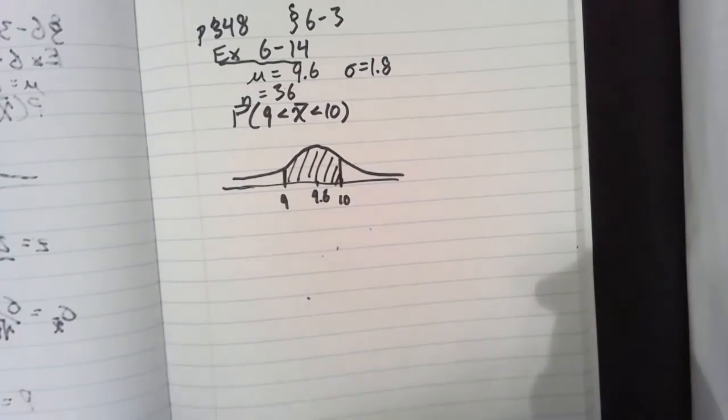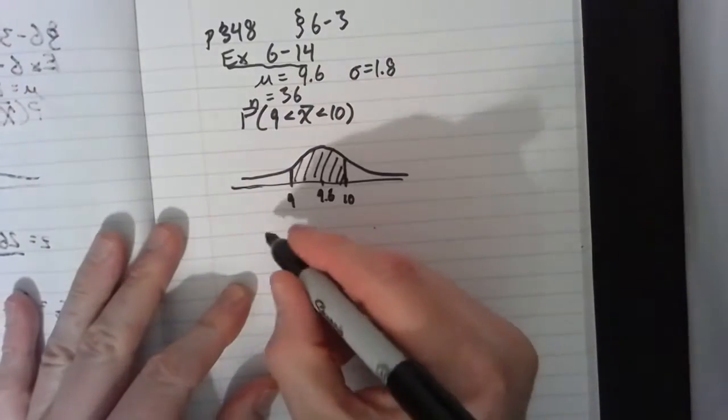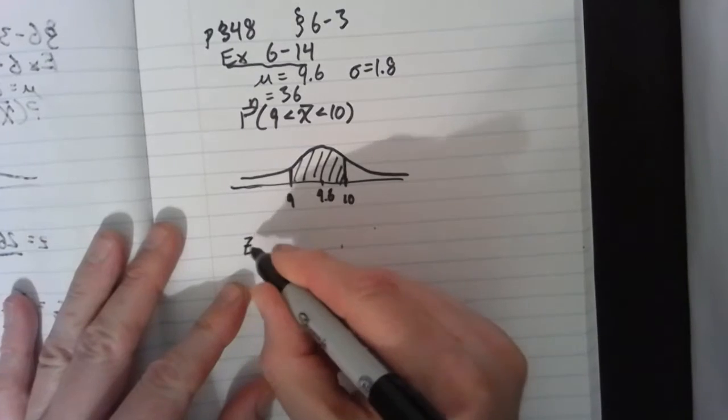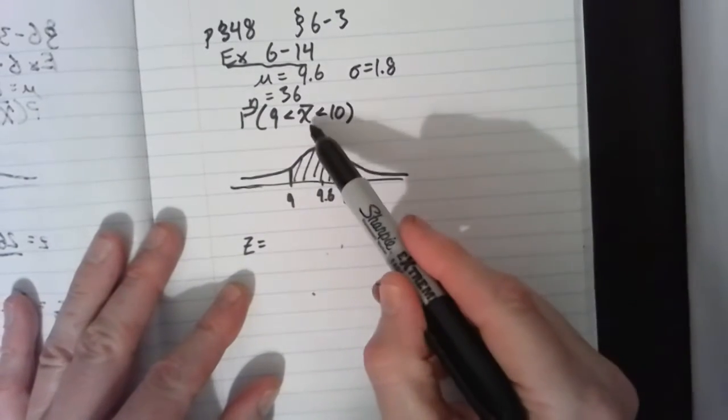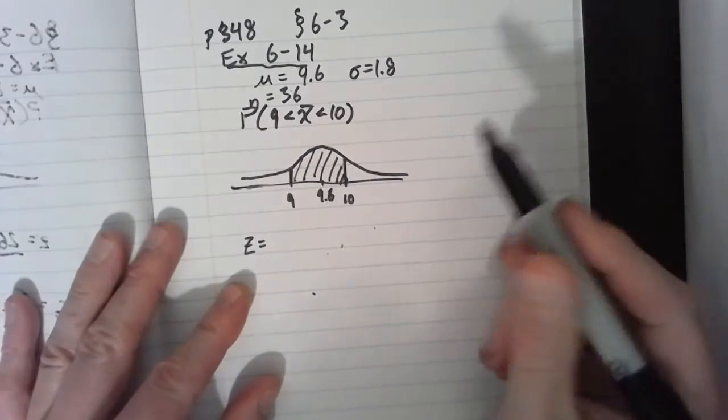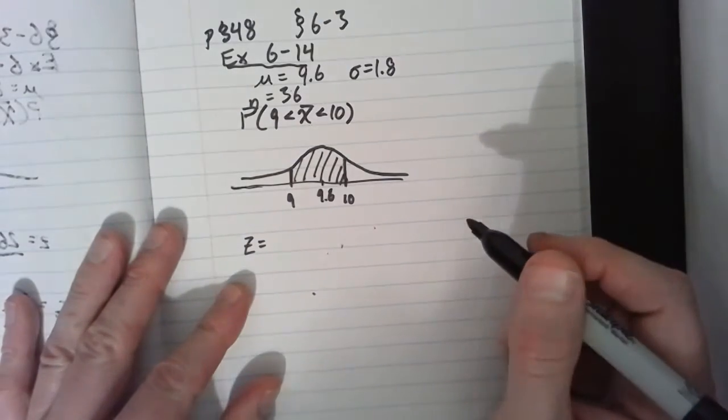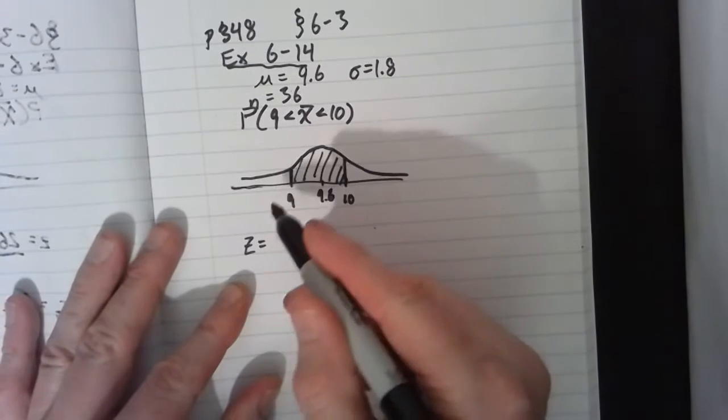Okay, so the first thing that we're going to do is calculate our z-scores corresponding to these x values. Or sorry, not x values, x bar values. Should kind of make that distinction. So let's start with the left one.